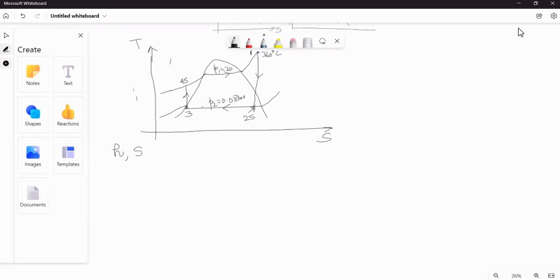Originally, this is the ideal cycle. Sometimes for the actual cycle, I will change color. Real or actual cycle, somewhere here I will put it. Then I will use a different color.